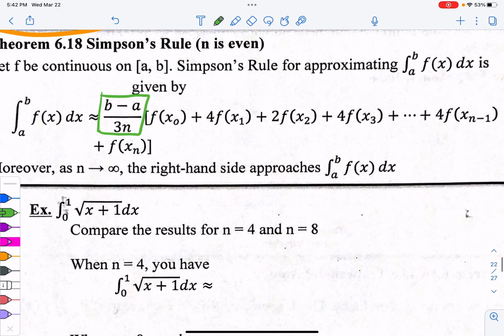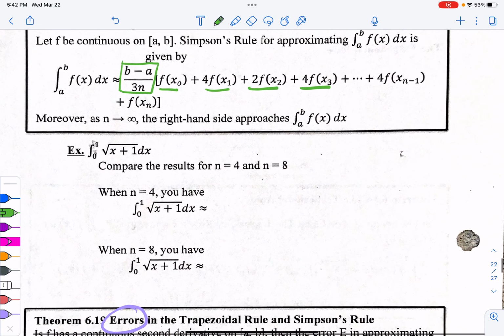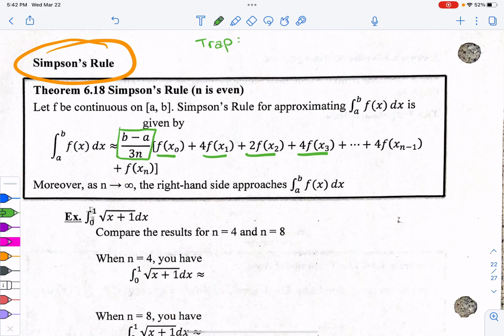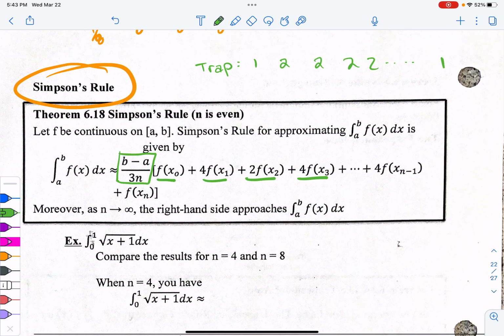And then what you're doing is you're putting the values that you're adding together inside, and the coefficients that you use out in front. You remember for the trapezoid rule, the coefficients went 1, 2, 2, 2, 2 all the way through, and then our last coefficient was 1. So I would multiply and then add and multiply and add. Those were what I multiplied by each time when I was doing the trapezoid rule.